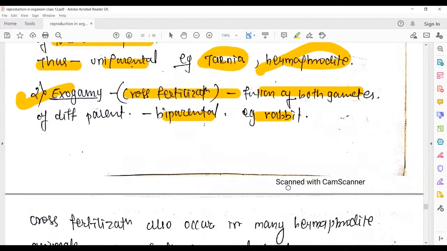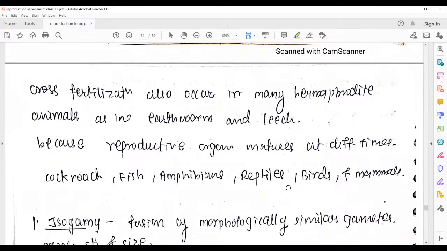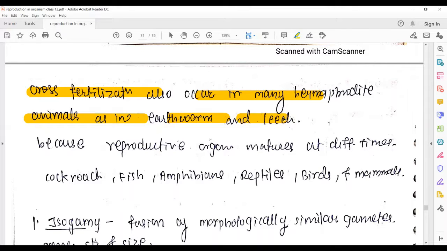Let's move ahead with some new interesting characteristics also. Cross-fertilization also occurs in many hermaphrodite animals, as you can see on the screen: the earthworm and the leech. Earthworms show the protandrous condition, which means the male part develops first and then the female part.